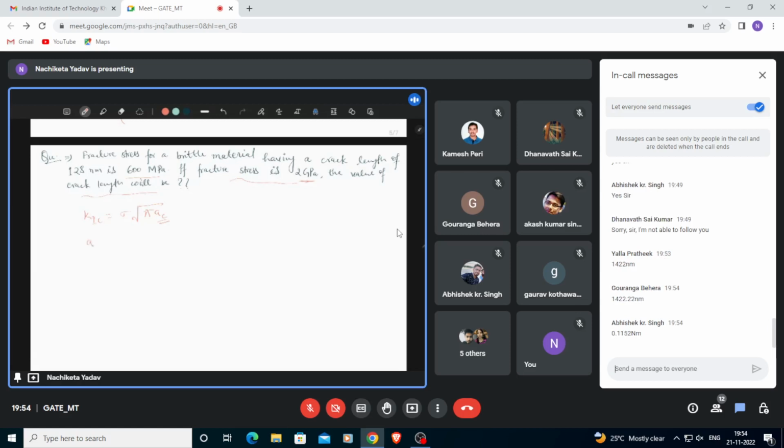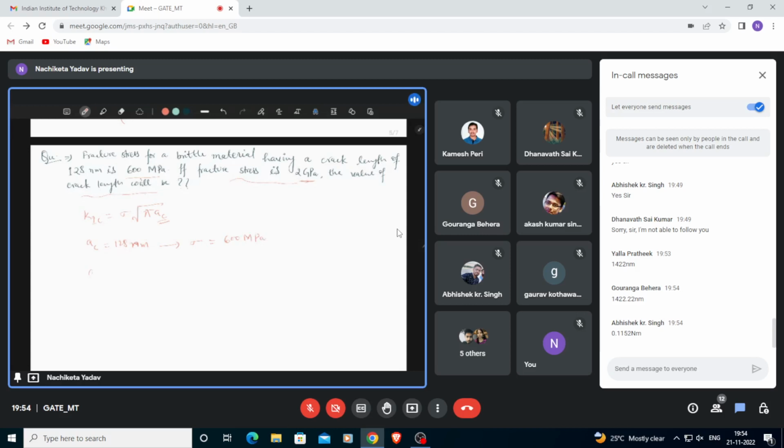If crack length is 128 nanometer, then sigma value is 600 megapascal fracture stress.